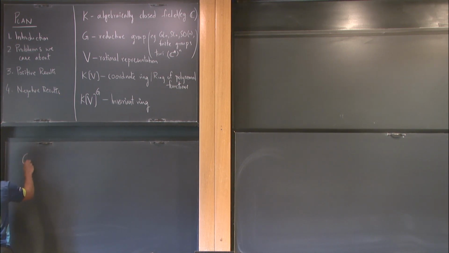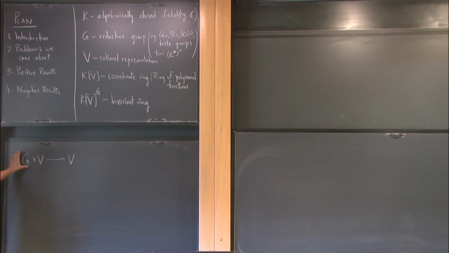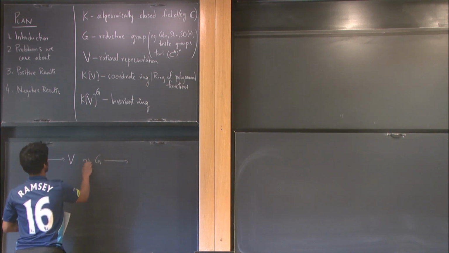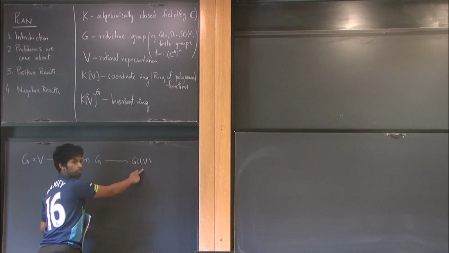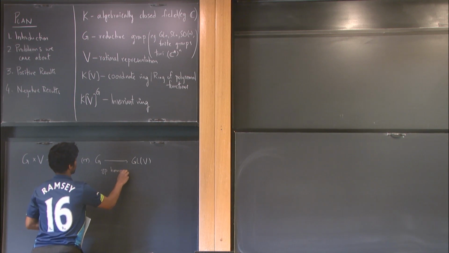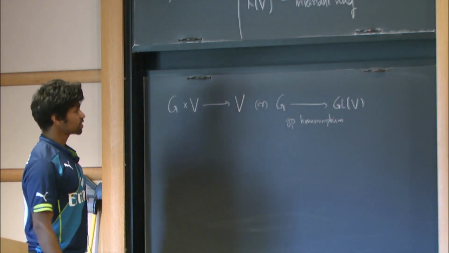So you can think of it as a map from G cross V to V, which when you fix an element of the group will be a linear map from V to V. Or equivalently, you can think of it as a map from G to GL(V), which is a group homomorphism. So that's what it means to be a representation.